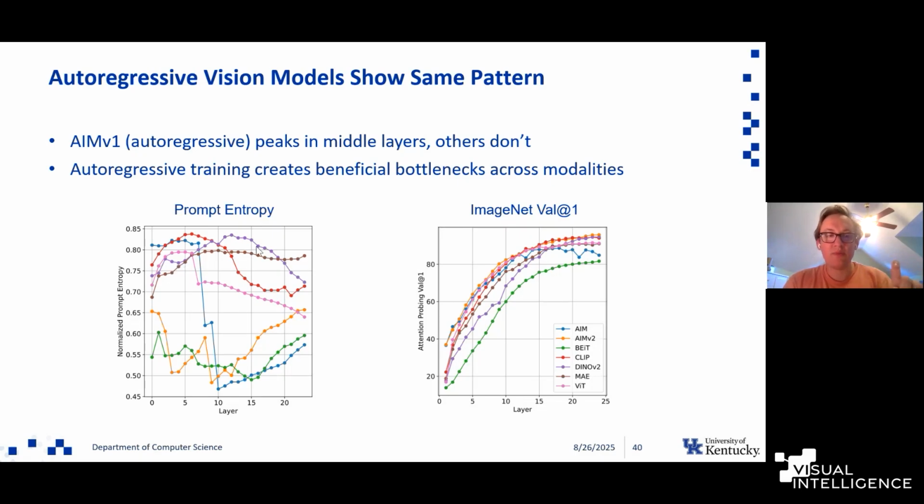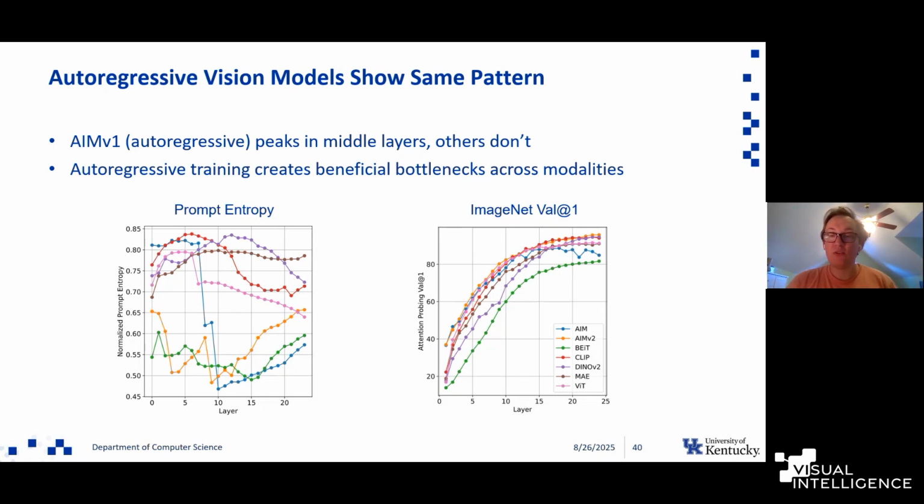The top ones, around 0.7 to 0.85 prompt entropy, stay flat the whole time, and then you have models that are compressed the whole time, like AIM V2 and the BERT-style thing, BEiT. And AIM V1 goes between these two striations.